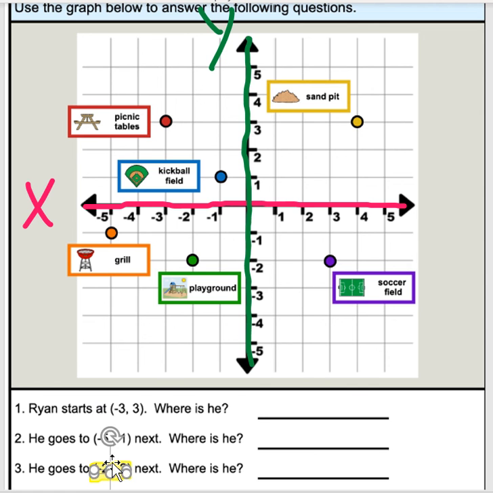Let's color code by highlighting our x and our y numbers. So the first number is going to be pink for our x-axis. And the second number is going to be green for the y-axis.